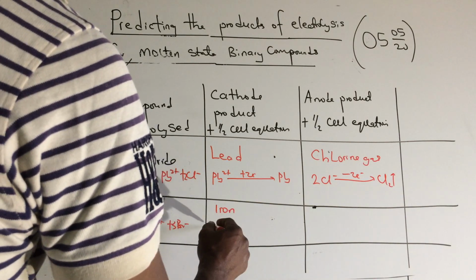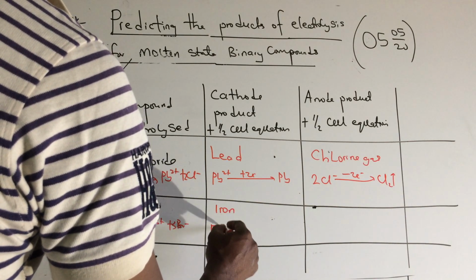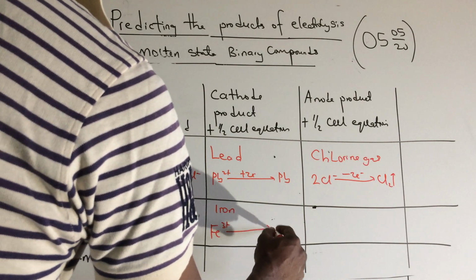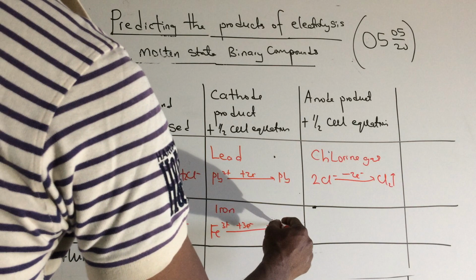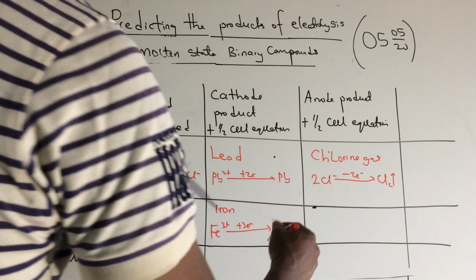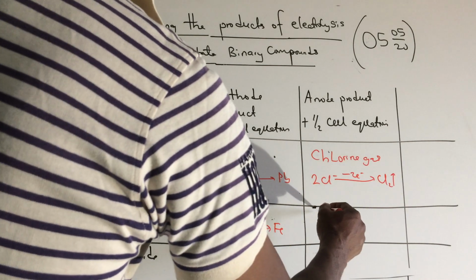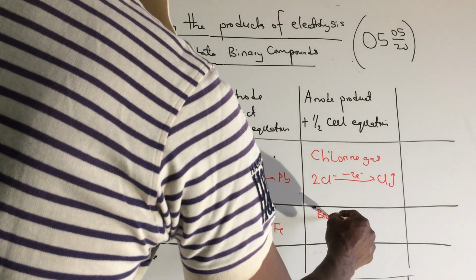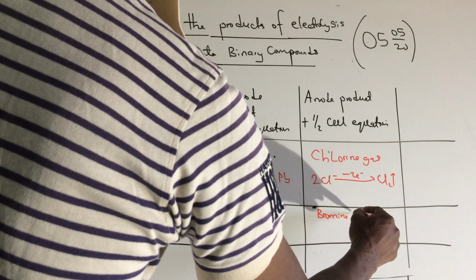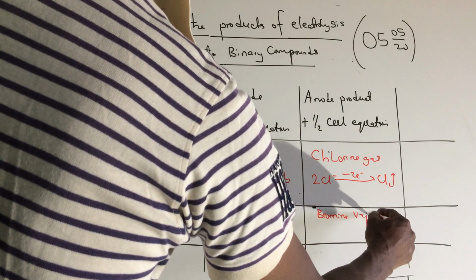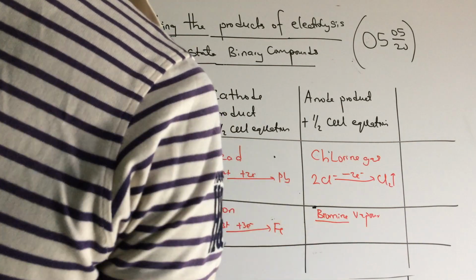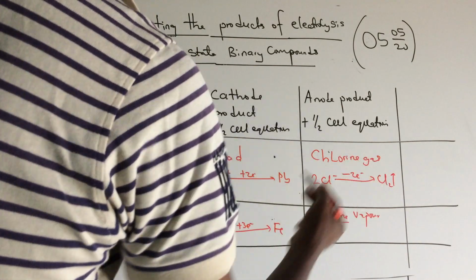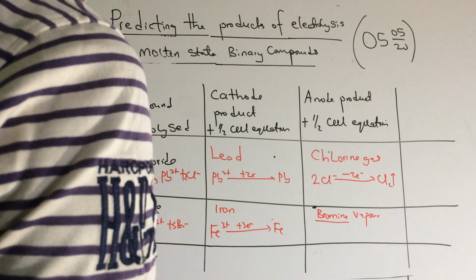And if you look at the equation, as usual, very important. This one will go to the anode, and at the anode, it discharges bromine. You can write bromine vapor, or just simply write bromine, in the free state.